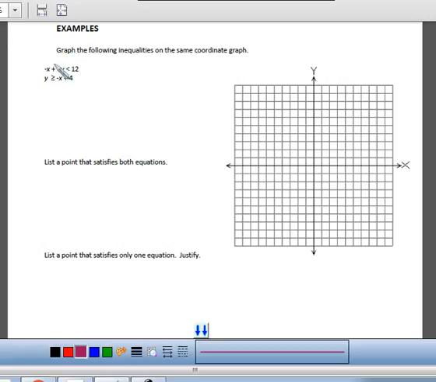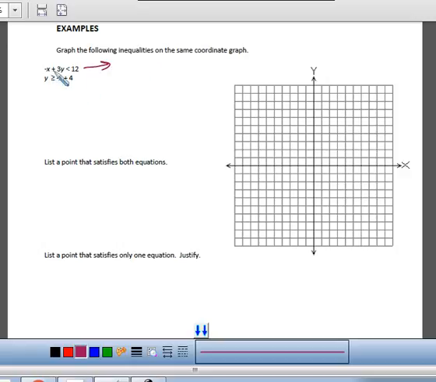Now, I will just tell you that the second inequality is already in the slope-intercept form, but the first one is not. Now, you can still graph when it's this way, trying to find the x and y intercepts. But instead of that, I'm actually going to convert this to slope-intercept form.